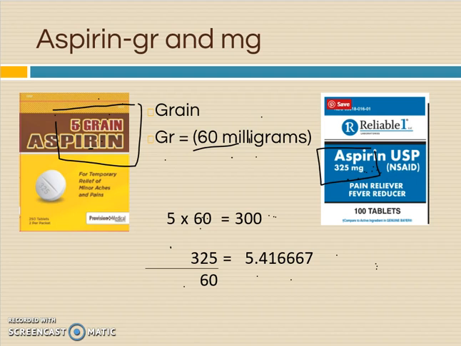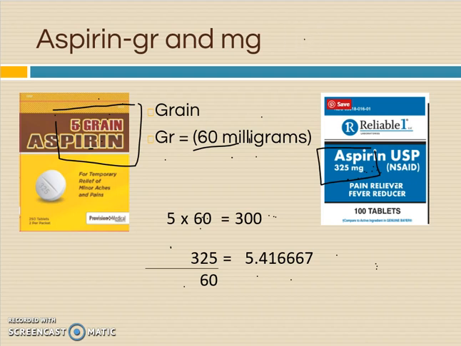Well, you might think that you could take a tablet of aspirin and shave off some of it to make it into 5 grains if you thought that the doctor was ordering 5 grains. But you're not going to do that because you can never be sure how much you're shaving off of the tablet.